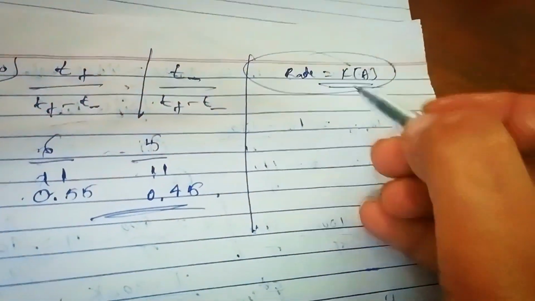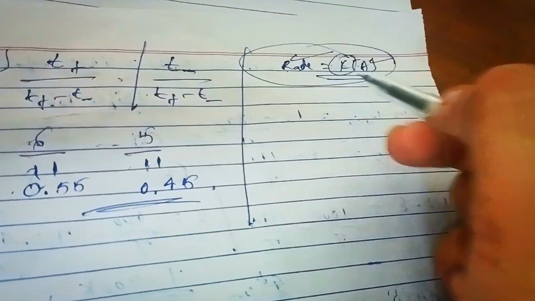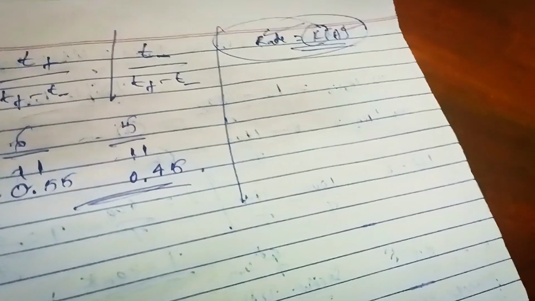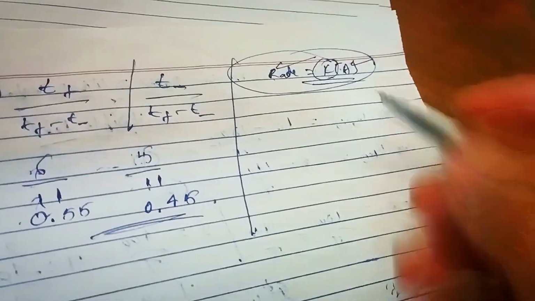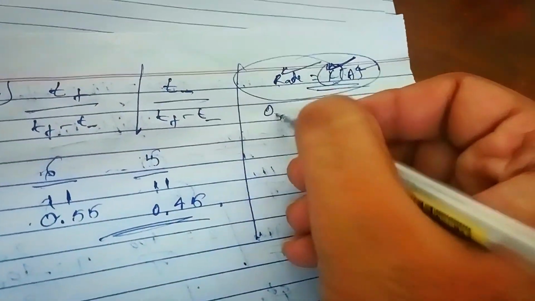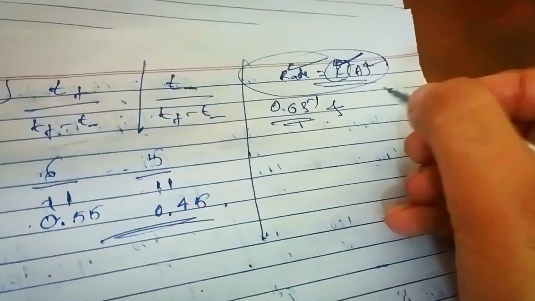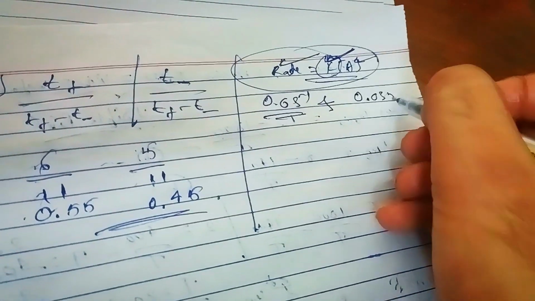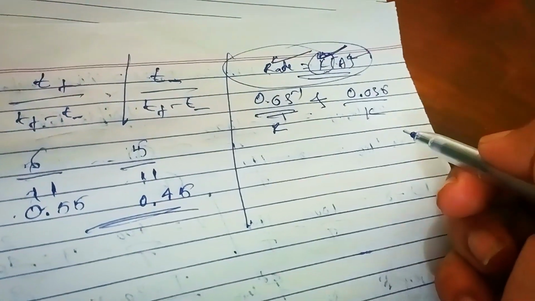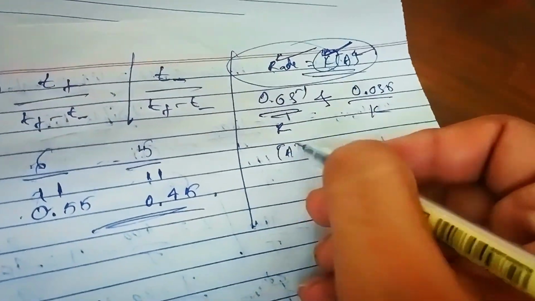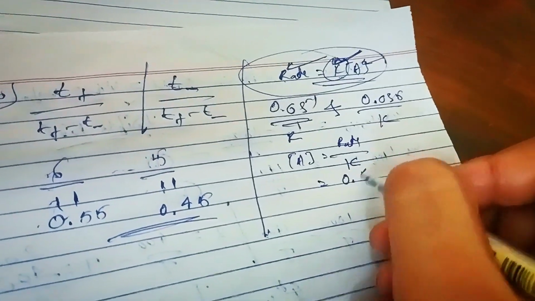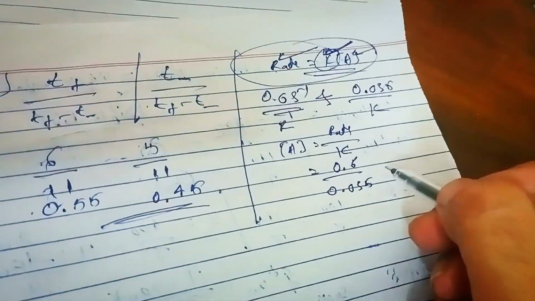We know the rate, and we have to calculate A. They give the rate of the reaction R as 0.6 and the rate constant K as 0.035. So A is equal to rate divided by K, that is 0.6 divided by 0.035.